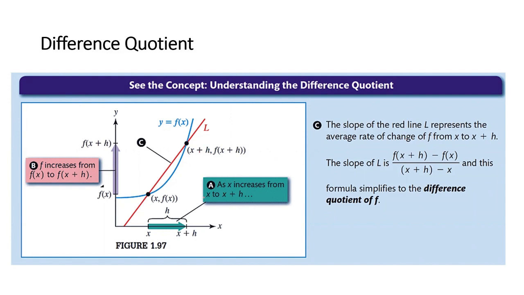A secant. That secant line, we're looking for the average rate of that line. Then when we go through this process, it simplifies down to the difference quotient of f. So it's basically the average of all of the average slopes on that non-linear function.